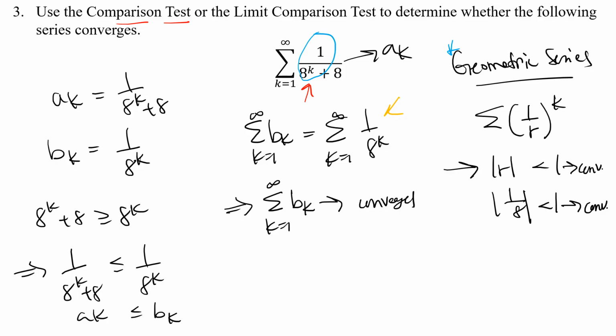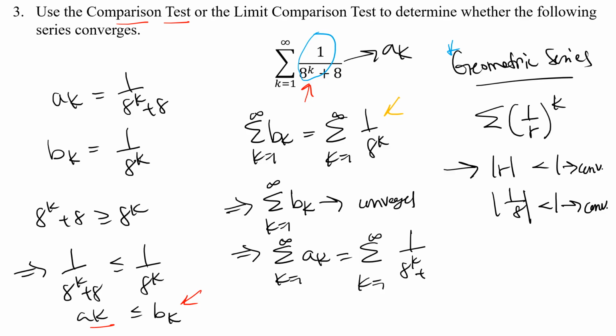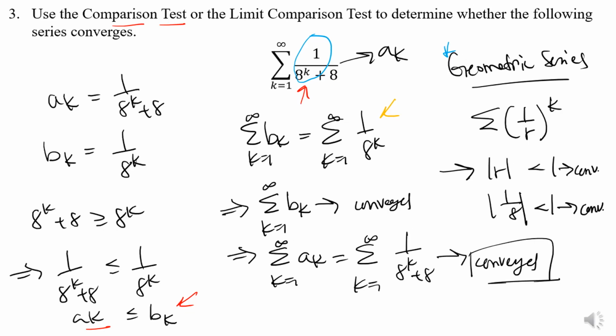Okay? Well, based on the comparison test, whatever our b does, then so does our a. So therefore, our series, okay, for our a, which is the same as our 1 over 8 to the k plus 8, it also converges.